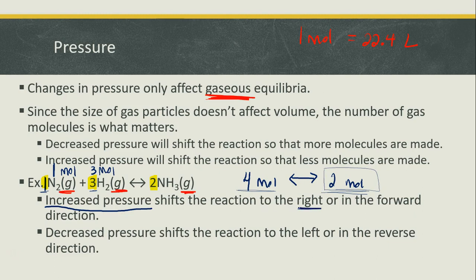So it's going to shift to the right or the forward direction. If we decrease the pressure, then what does it want to do? It wants to increase it. You may know that, but if you can't remember this mole thing, you won't be able to answer the question. So if it wants to make more pressure, the side with more moles has more pressure. So it's going to shift to the left.